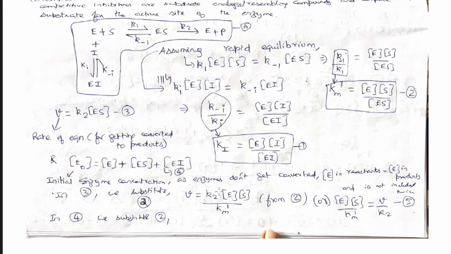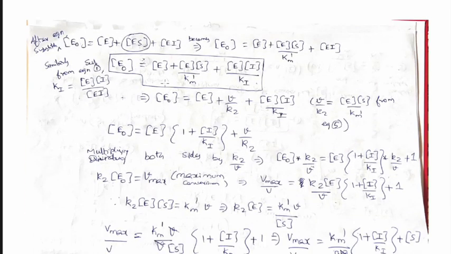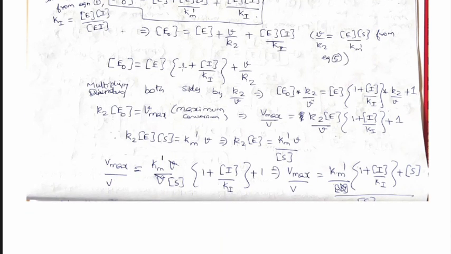The same way we substitute in the fourth equation, and after substituting we try to get it in this format: 1 plus I by Ki into E plus V by K2.